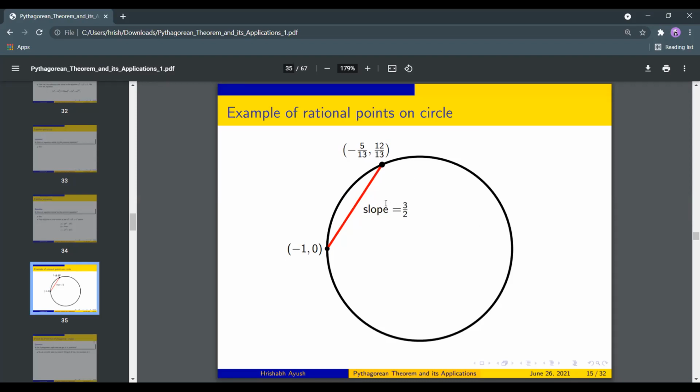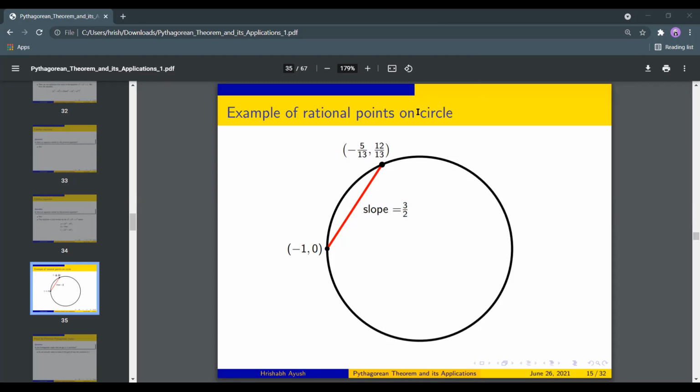So you can actually try to find the slope. I'll give you 1 minute to find the slope. I have given the slope as 3 by 2, but I want to confirm from you all. Okay, so one of the persons has done it.